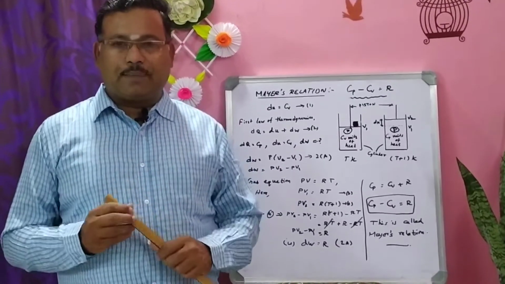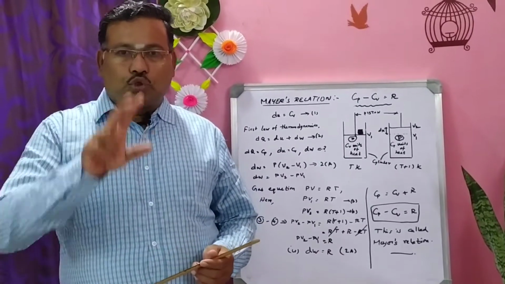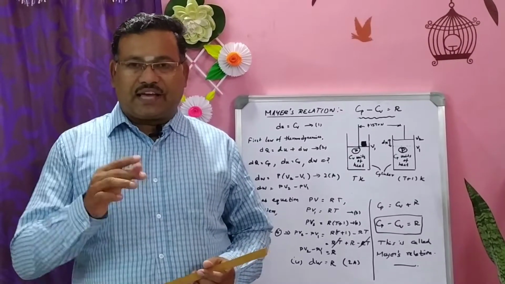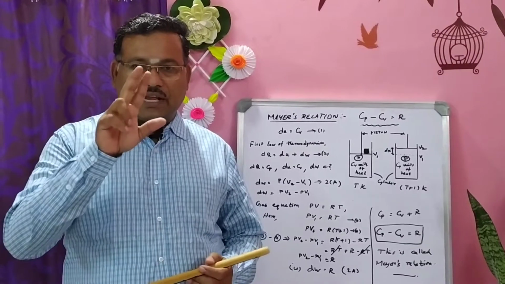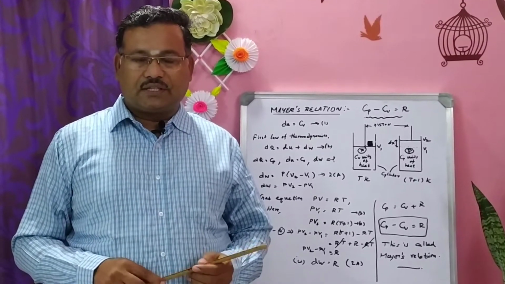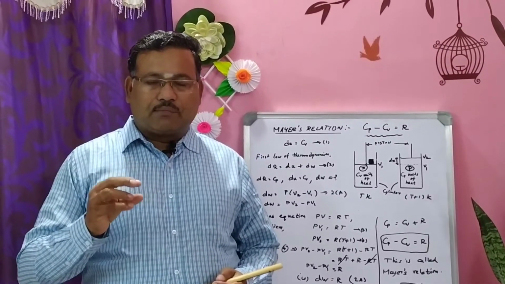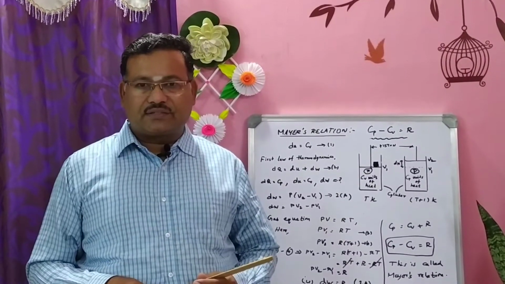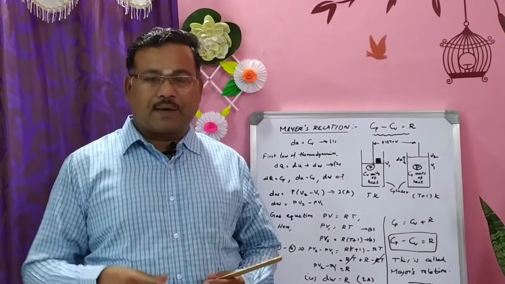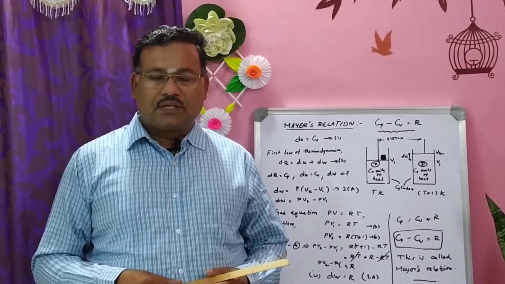What do you mean by specific heat capacity? There are two specific heat capacities for a gas, but for solids and liquids there is only one specific heat capacity. Suppose you are giving some amount of heat energy, the pressure and volume of the gas change. So we have two specific heat capacities for a gas.